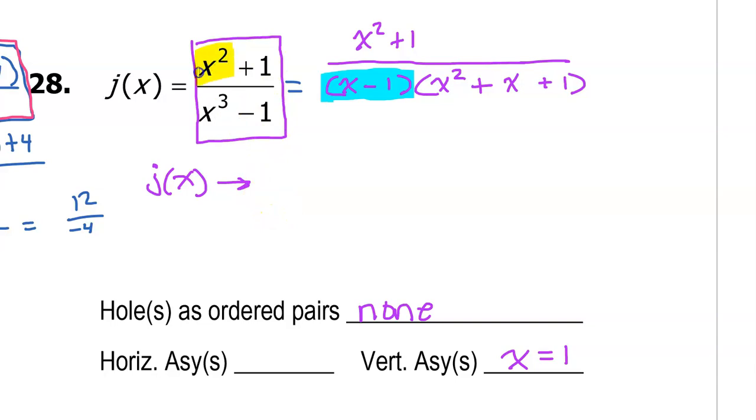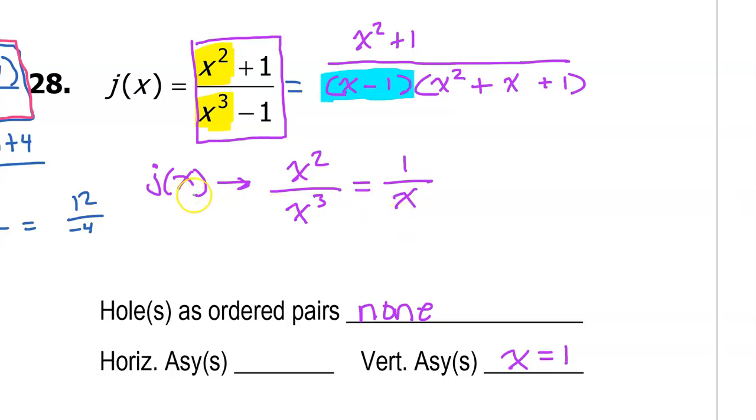So in the numerator, the x squared is the only term that's really going to matter. It's going to absolutely dwarf the plus 1 that's hanging out there. And in the denominator, all that matters is the x to the third power. So j of x will approach x squared over x to the third power, which simplifies to 1 over x.